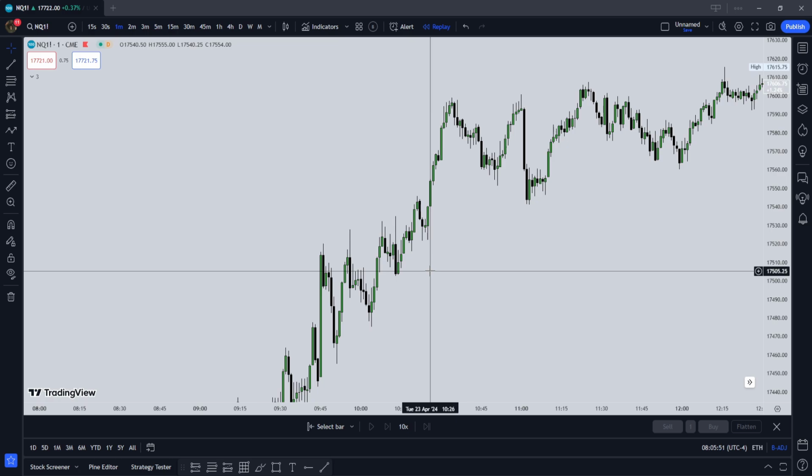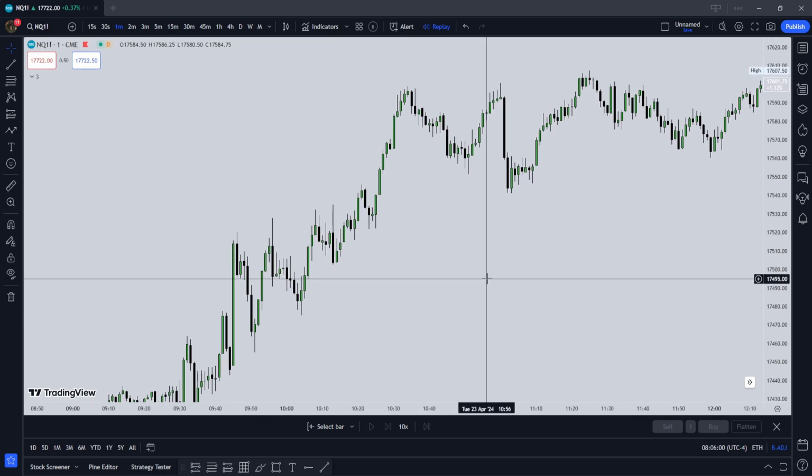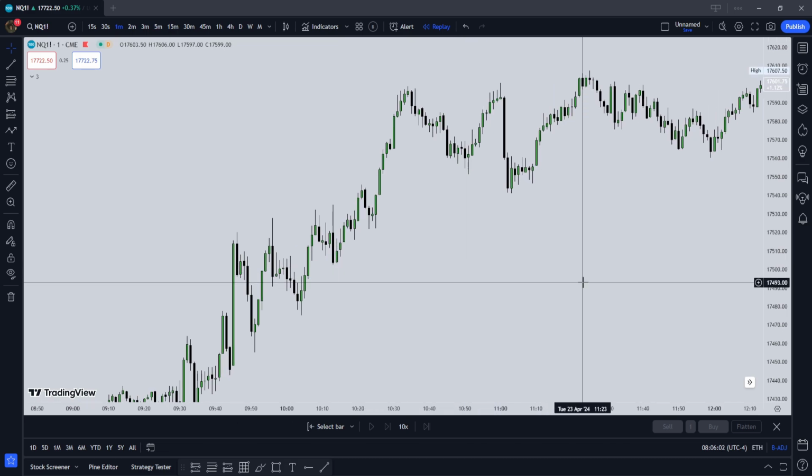I've been doing this for months and months, so it is really easy for me to identify a good and bad fair value gap. I talked about what a highest probability fair value gap is. It's when the higher time frame target aligns with the lower time frame structure and fair value gaps and displacement as well, right?